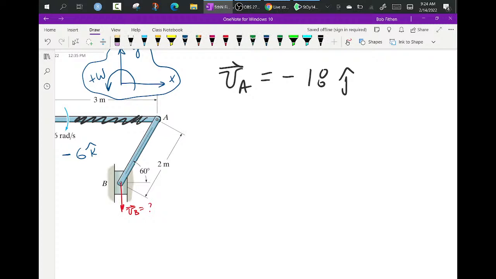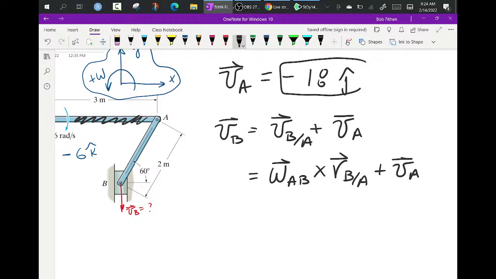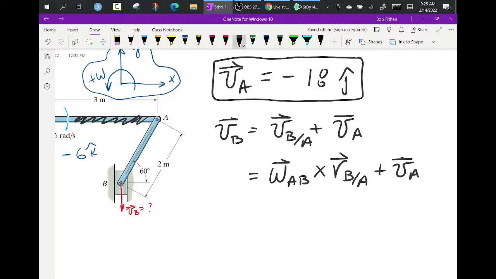So therefore, sorry, velocity of B is equal to velocity of B relative to A plus velocity of A. And then I can write one more step, omega AB cross R B/A, plus velocity of A, which I actually have now. I can put that in there in a minute. I'm not going to worry about it for a minute.